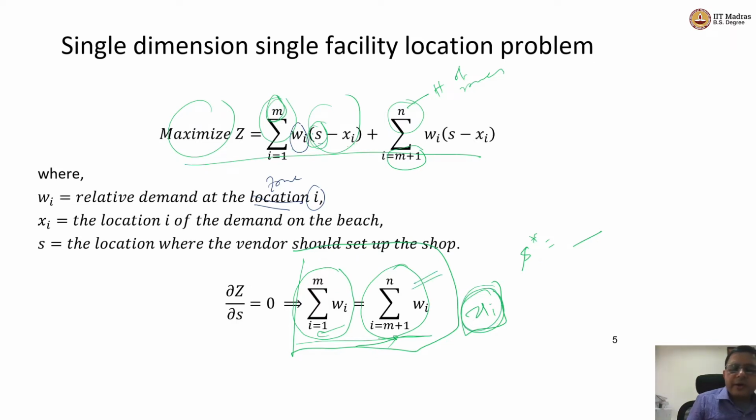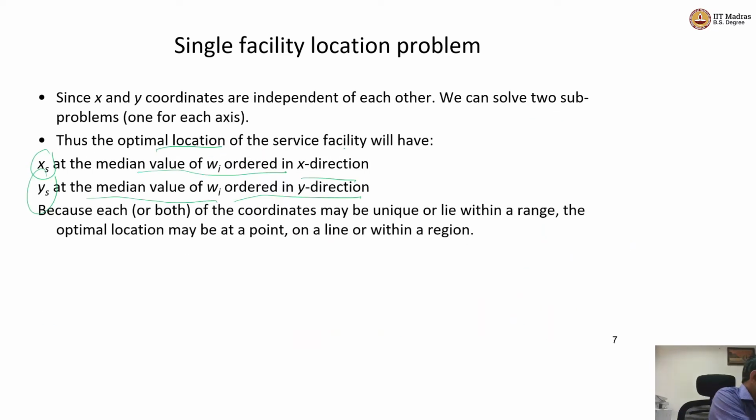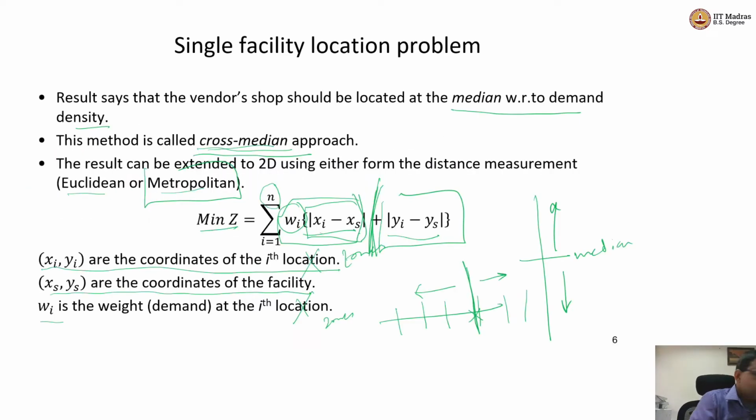Now I will solve an independent problem in the y dimension and essentially do the same. Here we said this is weight 1, weight 2, weight 3, weight 4, weight 5, weight 6, and my facility was such that the total weight on the left should be the same as the total weight on the right, which is the cross median in terms of x direction, which will be my xs.